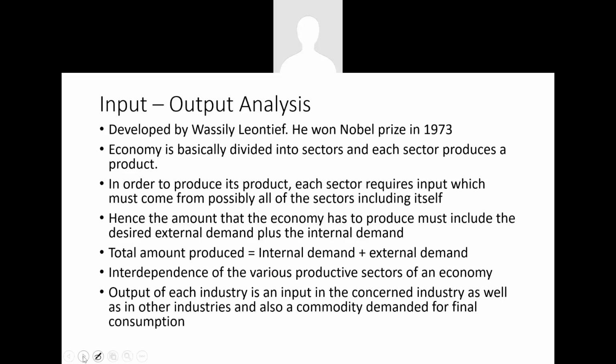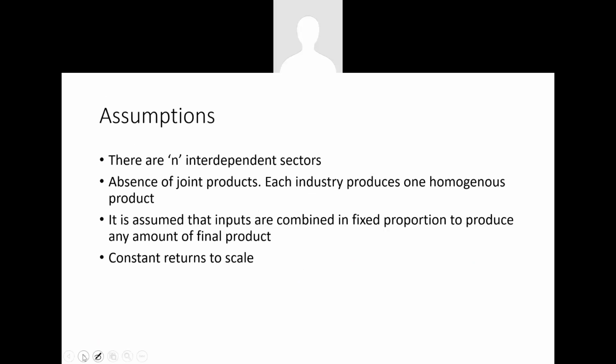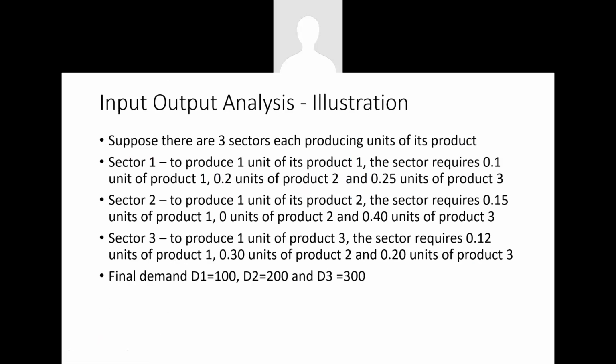Now, let us examine this concept using an example. Okay, before we discuss the mathematical model, let us take the case of three sectors. You have sector 1, sector 2, and sector 3. Now, it is stated that sector 1 is producing a product 1. To produce 1 unit of that product 1, sector 1 requires its own product as its input.